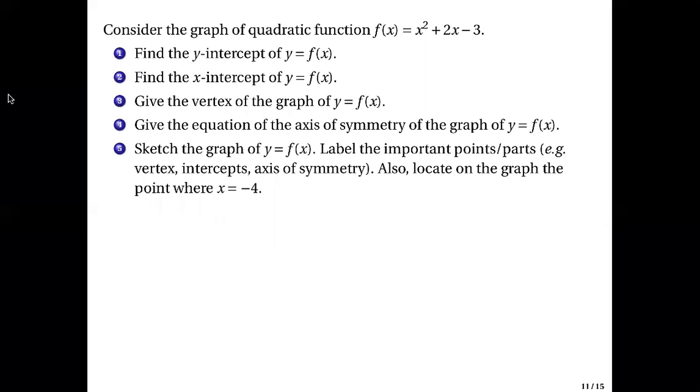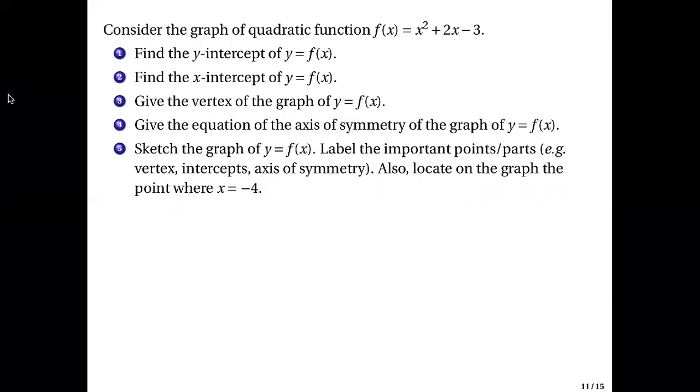Find the y-intercept, find the x-intercept, give the vertex of the graph of y equals f of x, give the equation of the axis of symmetry of y equals f of x, and then sketch the graph. Label the important points or parts. It means that you have to label the vertex, the intercepts, the axis of symmetry. And then there's an additional question here. Locate on the graph the point where x equals negative 4.